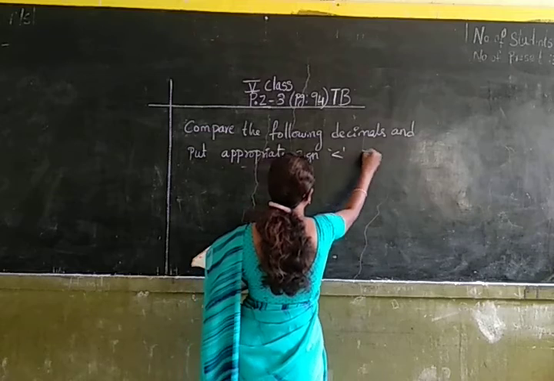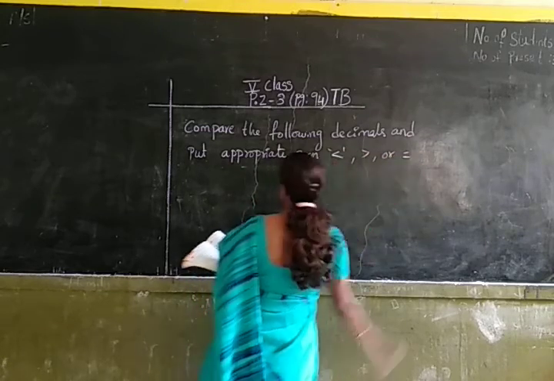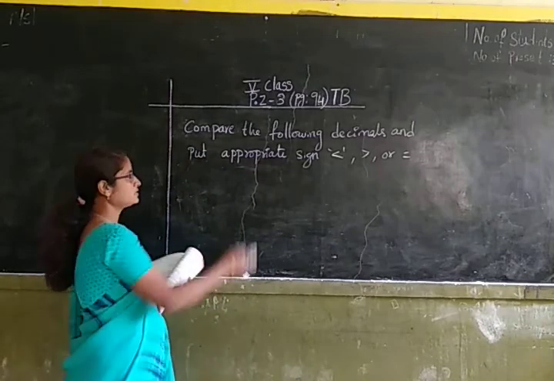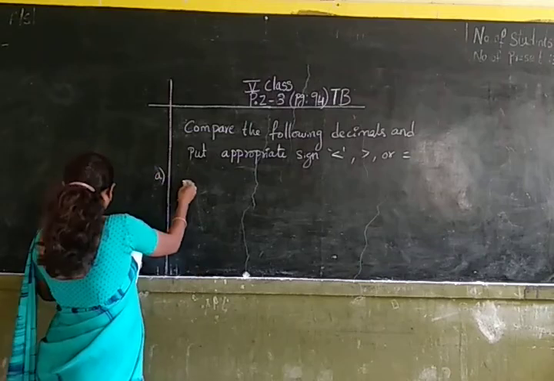Lesser than, greater than, or equal to. Okay children, this is the question. We have to compare the decimal numbers using the signs. Okay children, the first sum.